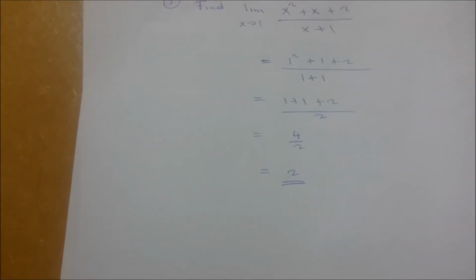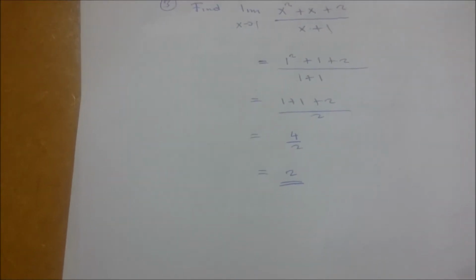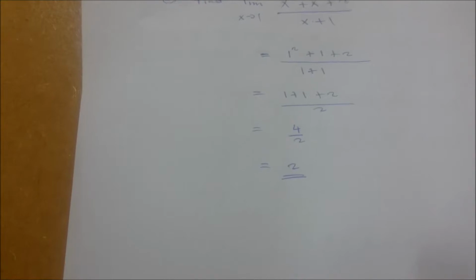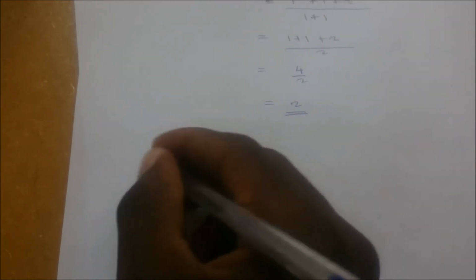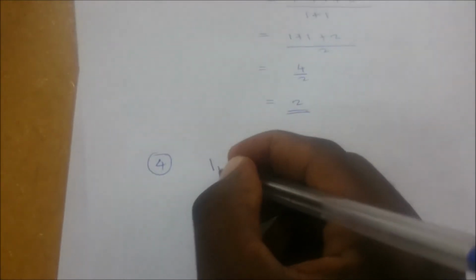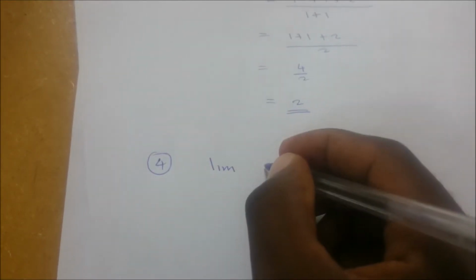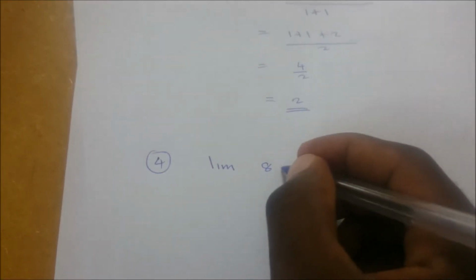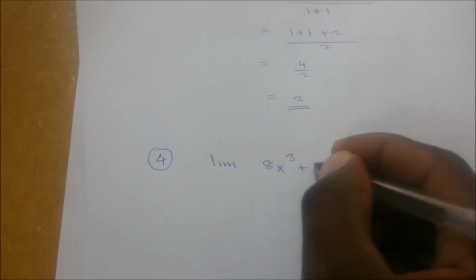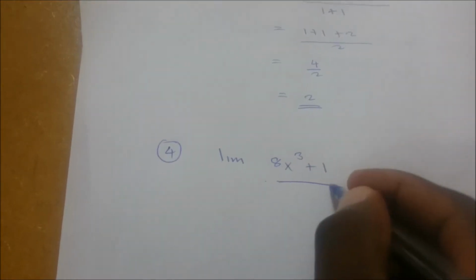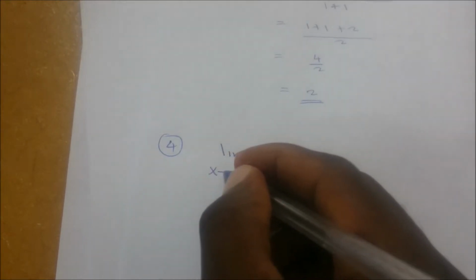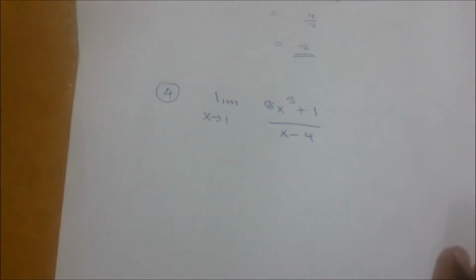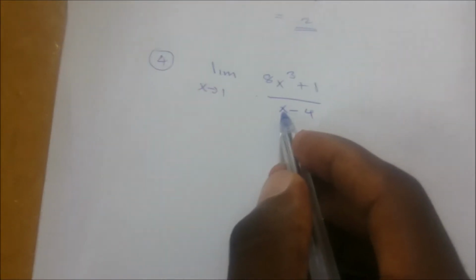What else are we going to do? Okay, let's do one for a negative. For 4, we have the limit of 8x cubed plus 1 over x minus 4 as x is approaching 1. So here what we are going to do is we substitute the denominator.